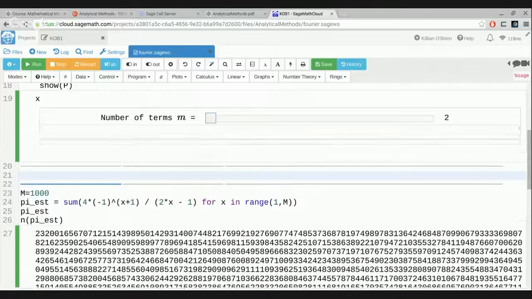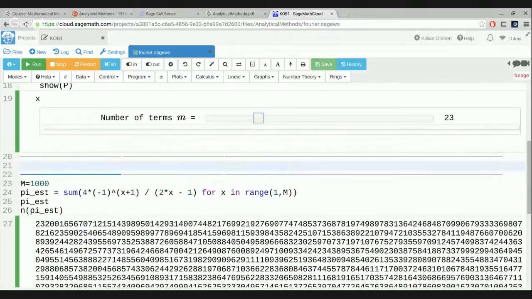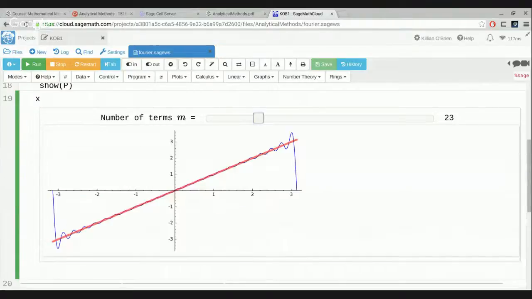As you keep on increasing the number of terms in this sum, you get better and better approximation to the function x. If you bump it up to a huge number, you see very good agreement.